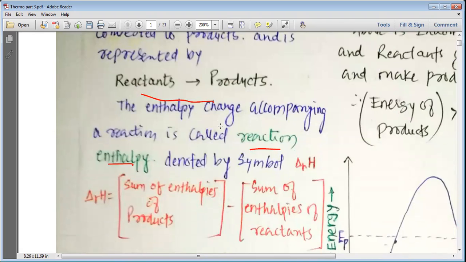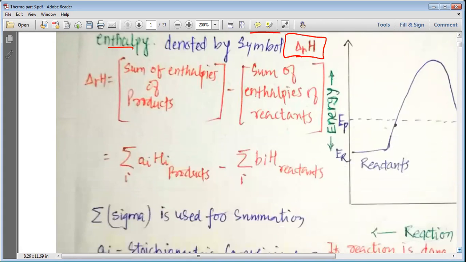This is the definition of the reaction enthalpy, which is denoted by delta rH. The formula for delta rH is the sum of the enthalpies of products minus the sum of the enthalpies of reactants.